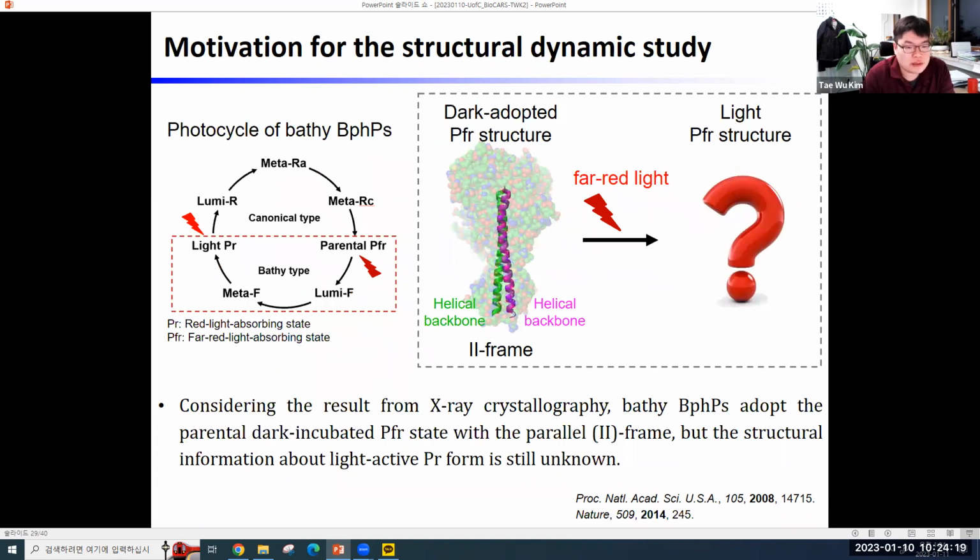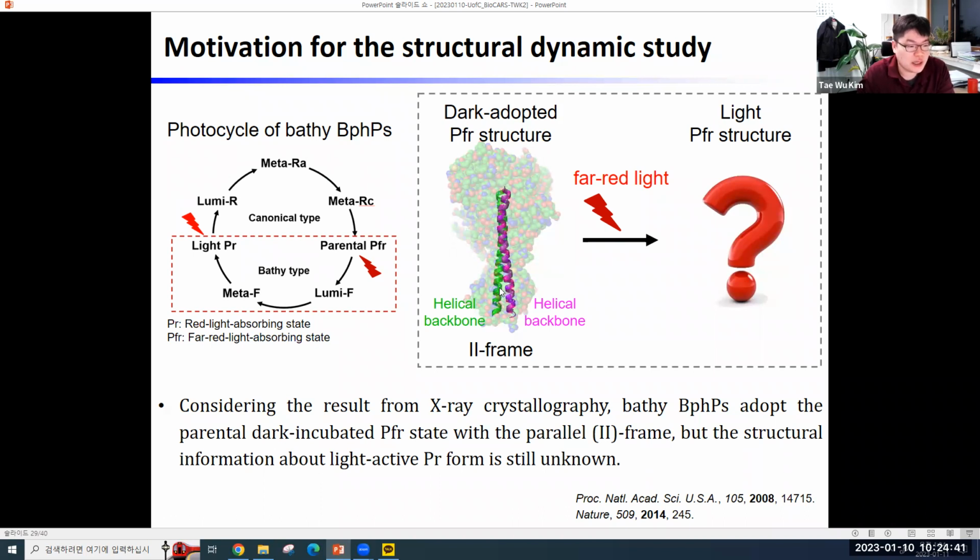You may know Professor Xiaojing Yang at UIC and Keith Moffat at the University of Chicago. They first studied this bacterial phytochrome for the dark-incubated Pfr state. They found that this dark-incubated Pfr state has a very parallel aligned helical backbone like this.